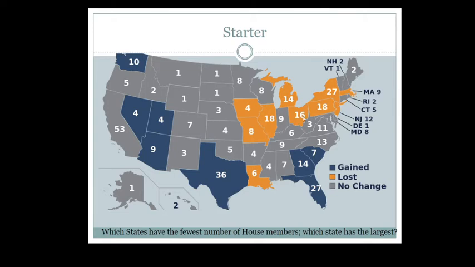And what's really kind of cool, guys, is recently, this does change. As states get bigger or smaller, people can gain or lose members of their House. Now, it doesn't happen a ton. It's not like if one person moves into a new state, there's a new representative, so it's not super frequent, is what I'm trying to say here, okay?